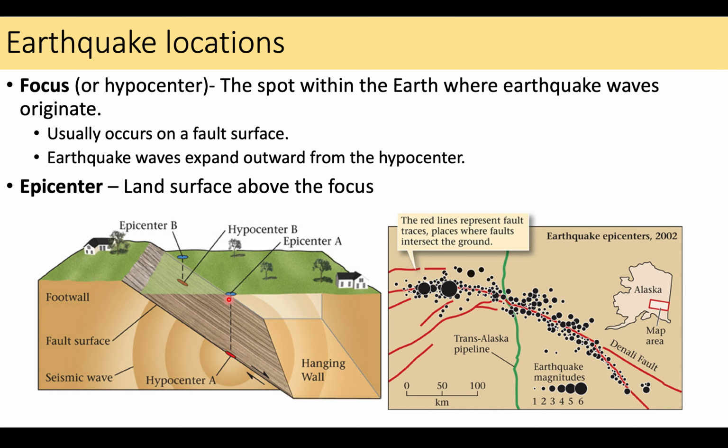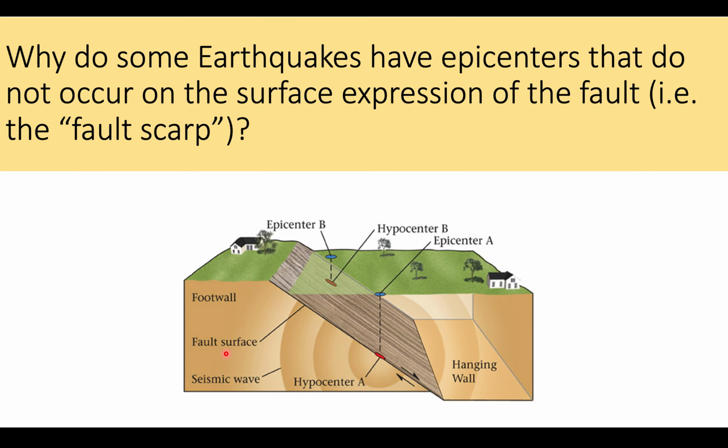So our epicenters are not always right on our fault lines. They can be displaced, because that means that our focus was along that diagonal, somewhere deeper along that fault line. So that was the explanation for this question here.